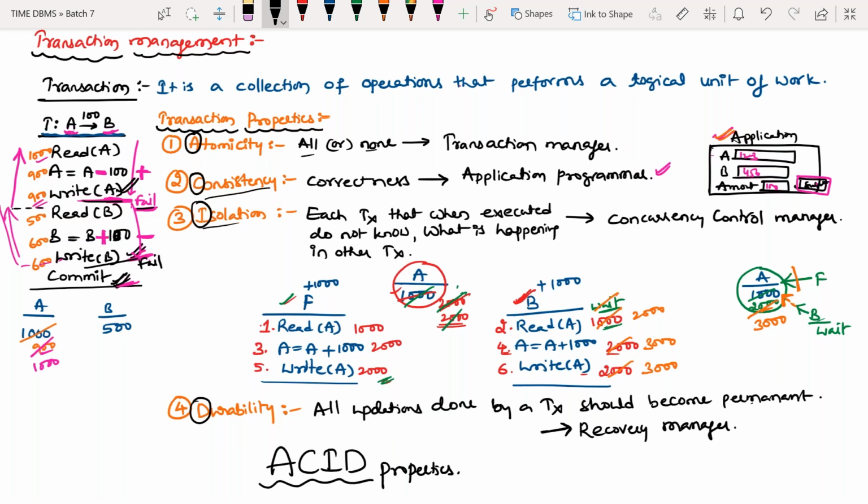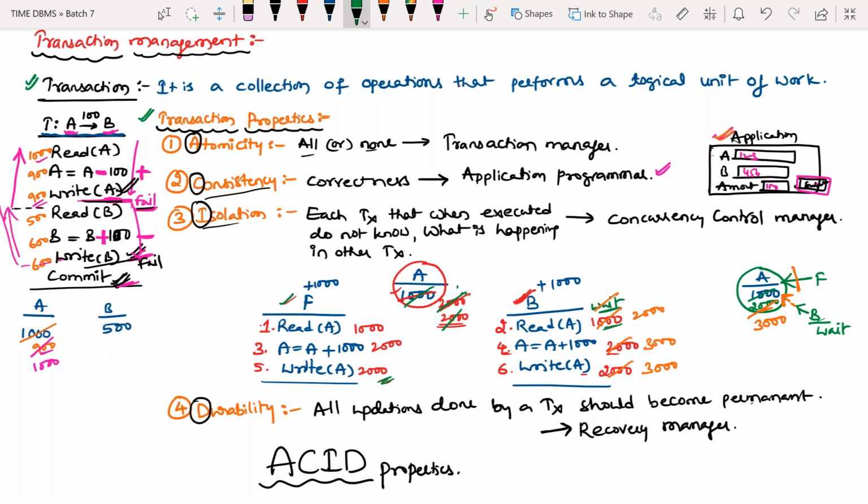You may not expect objective questions on transaction management, like what are ACID properties. But if you have knowledge of databases, they will definitely ask what is a transaction. This is one of the important questions. They may ask what is a transaction and what are its properties, and ask you to explain each property.